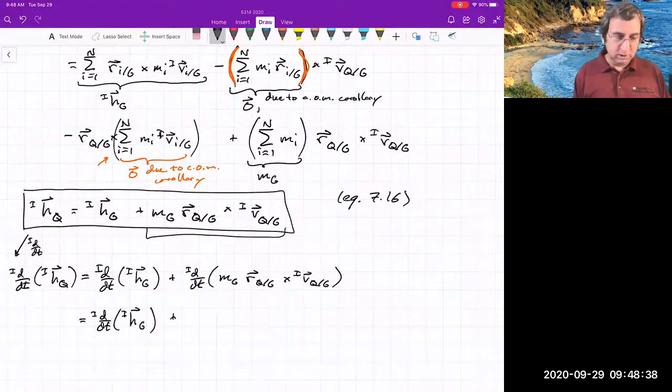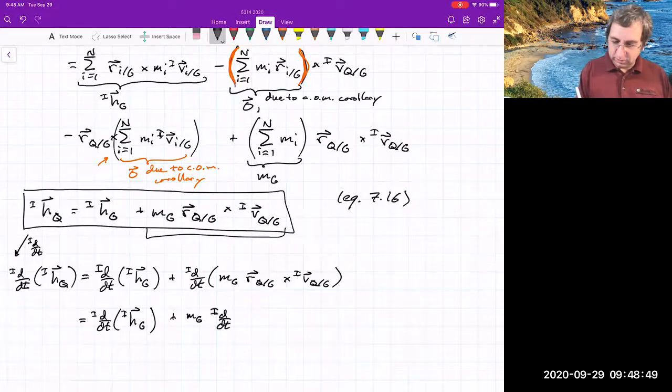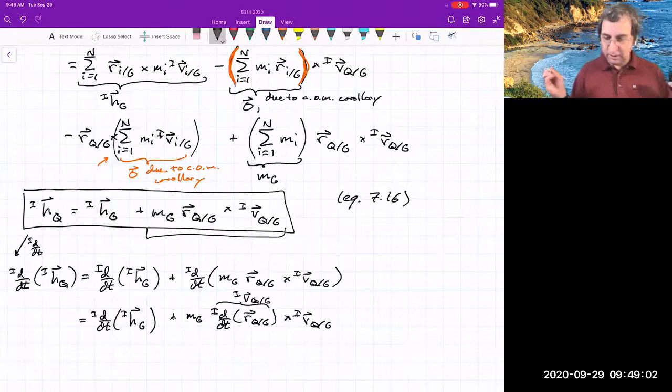But this second thing with this cross product, what do we get there? Well, you could pull out m_G. We're saying the total mass doesn't change in time. So pull that out. And then we've got the inertial derivative of R_QG cross the inertial derivative of R_QG. This thing just is the definition of that inertial derivative.